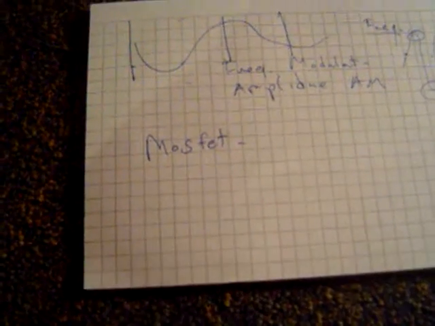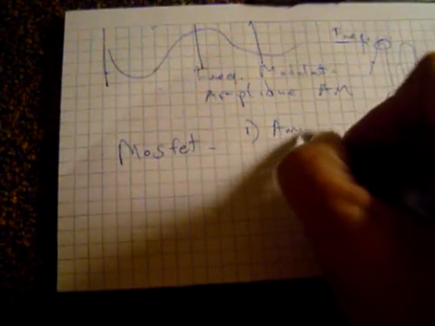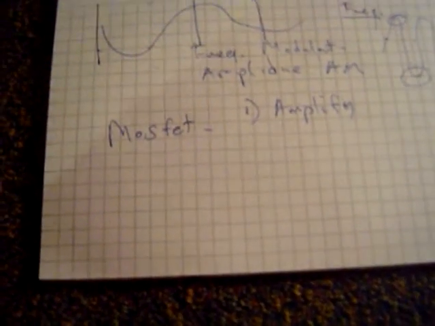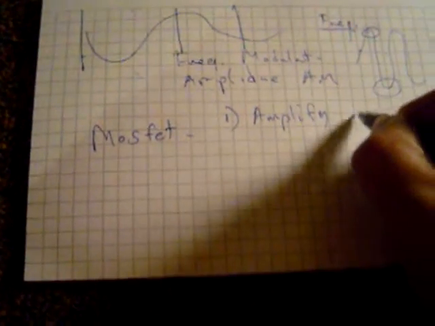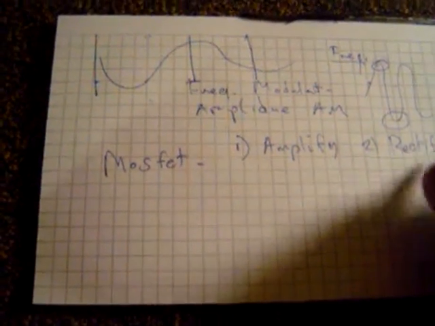Now, in your motorcycle you have what they call a MOSFET. To briefly explain, a MOSFET can be of two characteristics. First is to amplify. So you have a MOSFET amplification process. And secondly, it is to rectify.